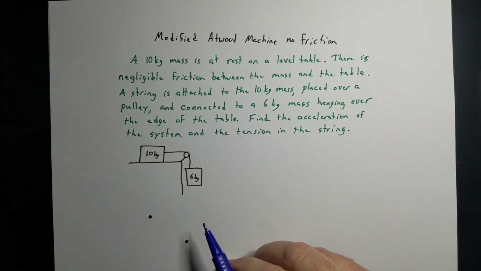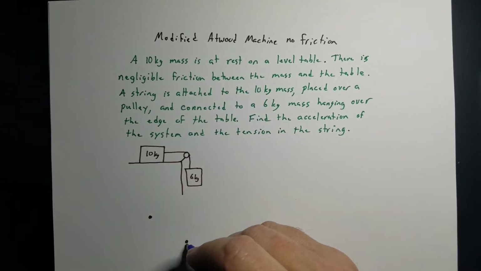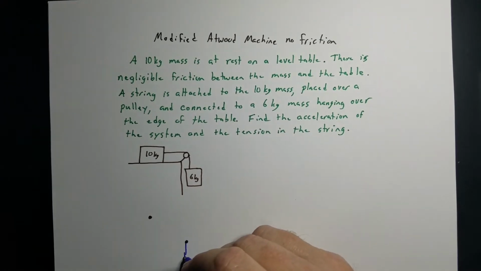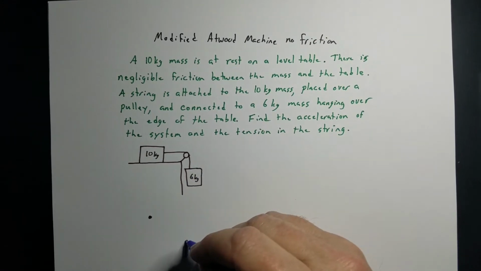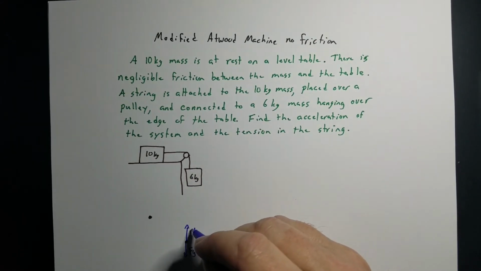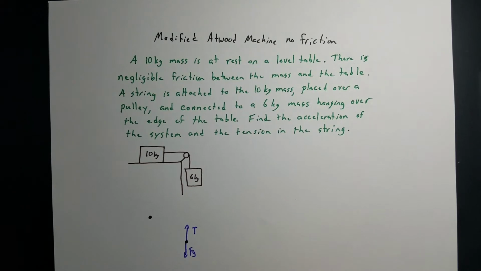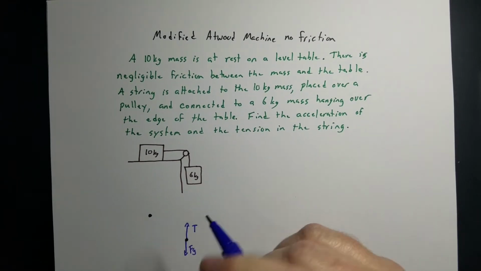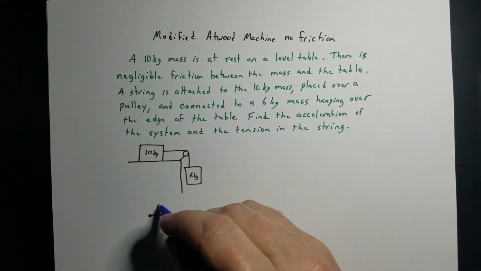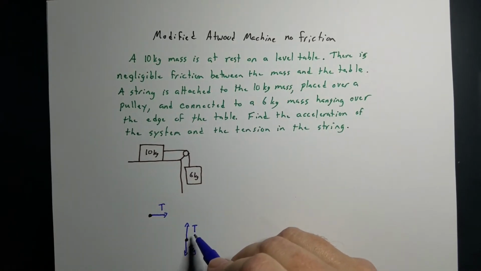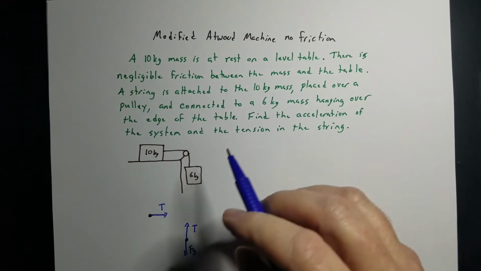So to start off with, we're going to have weight on this one pulling down, and then the string is lifting up on it. Since it's a force in a string, we call that a tension. We've got a string pulling this way. That's again a tension, and this tension is the same as that one. That comes in handy later on.